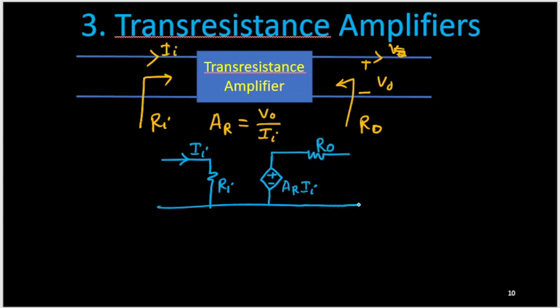Okay, so this is the model, and you can see that in this case we have considered one controlled source. It depends on the current Ii, and it is producing a voltage source. So it is a current dependent voltage source, or current controlled voltage source, CCVS.